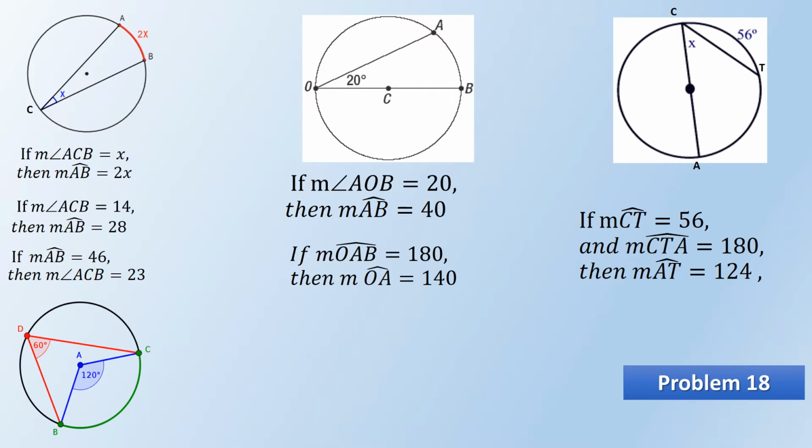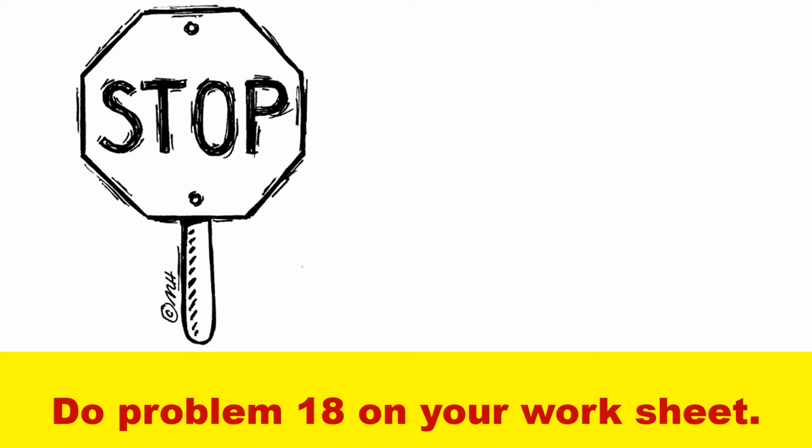Good. Now that we know that, we take half of it and we can conclude that the measure of angle ACT is 62, and therefore x is 62 degrees. Great. Stop and do problem 18 on your worksheet.